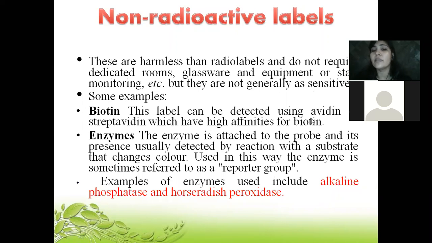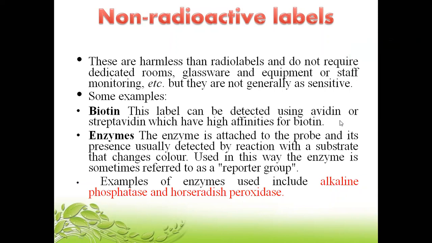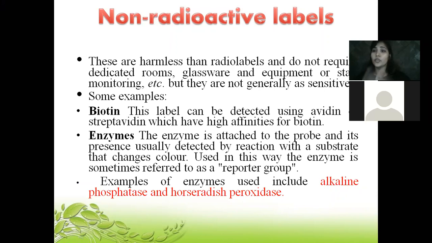This label can be detected using avidin or streptavidin, which have high affinities for biotin. So basically, you will be labeling the nucleotides with this biotin. And then when you add streptavidin, the biotin and avidin will react and give you some color. So these are non-radioactive labels.